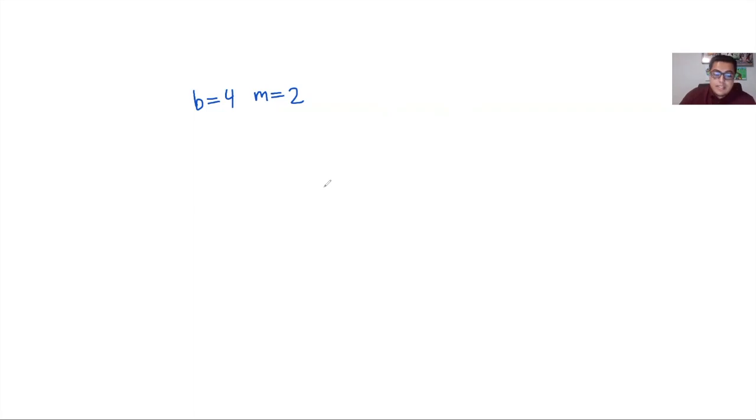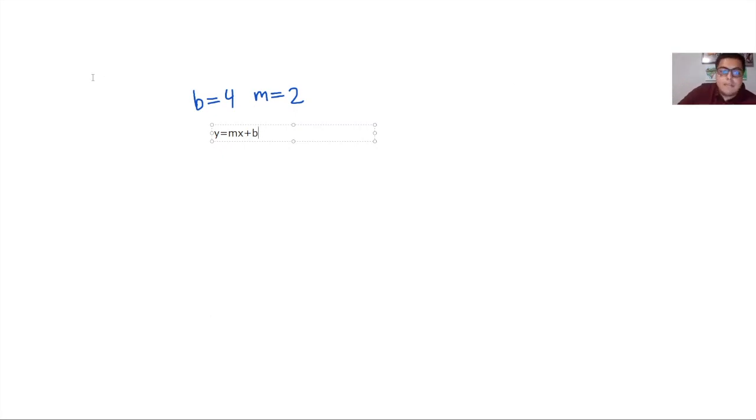So although this might seem pretty difficult at first, if you just look at it conceptually, they only gave us two things and are asking for a graph and our equation. It's actually very simple, because as we remember, the form of our linear equation is simply y is equal to mx plus b.